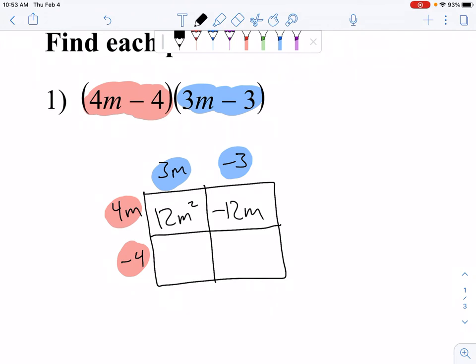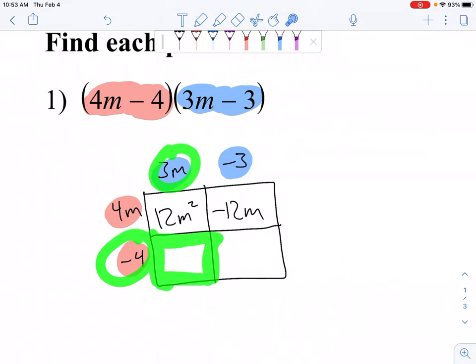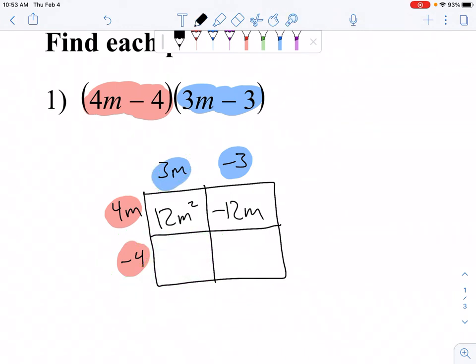Down here in this box, we're doing 3m times negative 4, which gives us a negative 12m. And finally, in our last box, a negative 4 times a negative 3 is a positive 12.